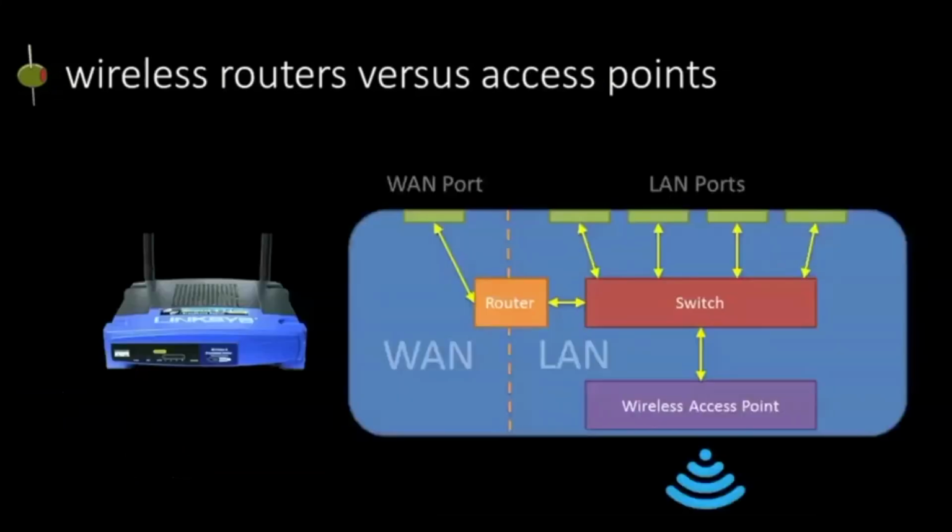Routers, on the other hand, just as the name implies, have a router built into them. And sometimes that router exists between the wide area network, or what you plug your internet into, and the internal switches. Oftentimes, your wireless is a part of the local area network, as your local ports on it. But the key thing is that these are really designed for consumer-grade activities.